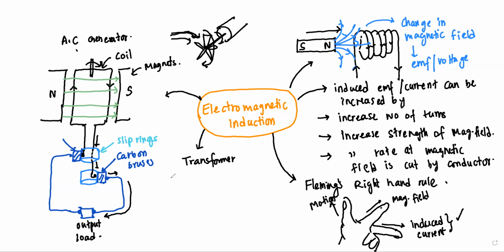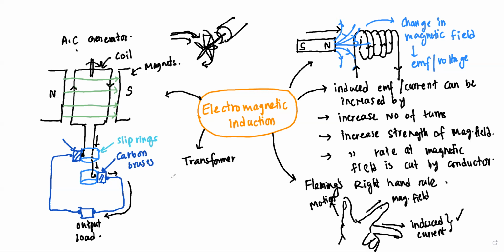A step-up transformer increases the voltage when you supply some amount of input alternating voltage. Step-down transformers decrease the voltage when you provide an alternating input voltage.